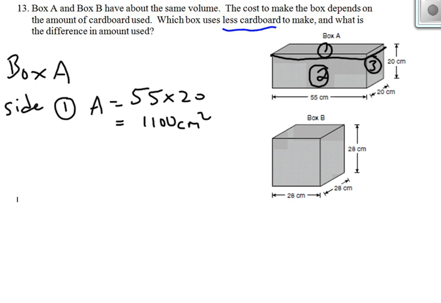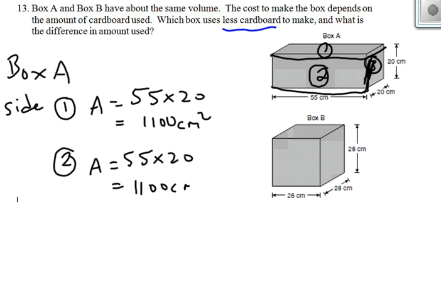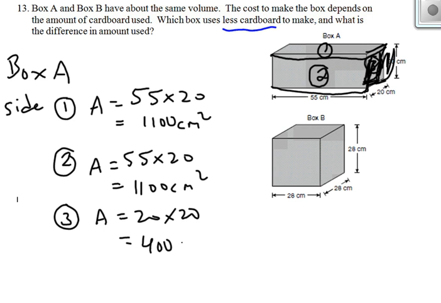Now, side 2 also is a rectangle, length times width, and you'll notice, length times height in this case, it's also 55 times 20, so it's also 1100 centimeters squared. Side 3 is this one over here, and it's 20 by 20. So it has an area of 20 by 20, so it's 400 centimeters squared.